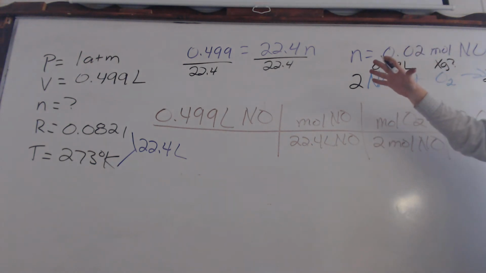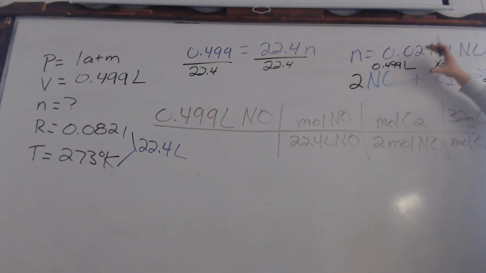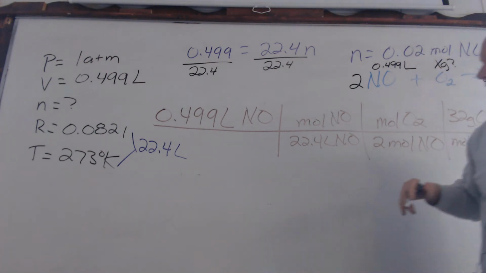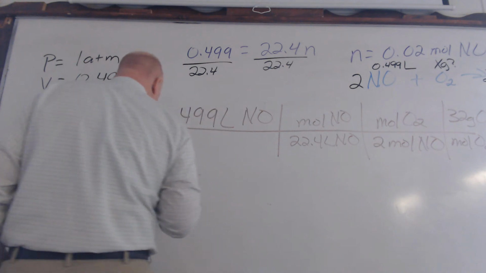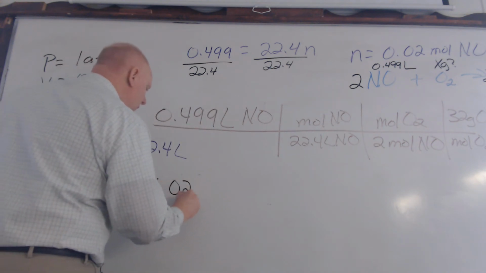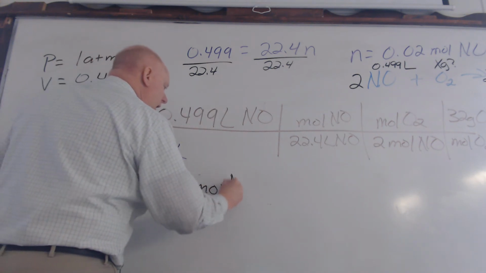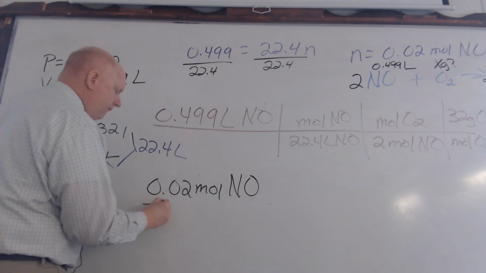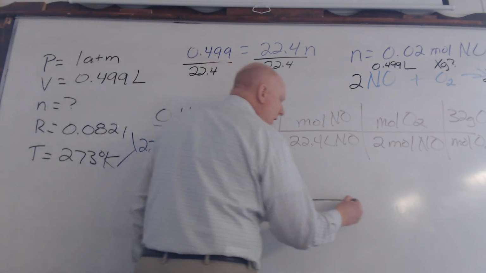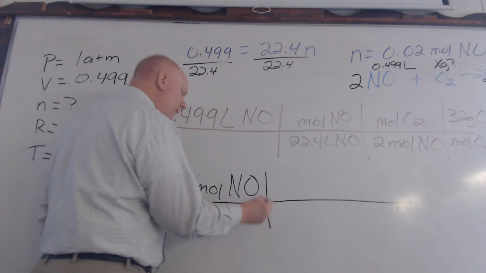Now this is if you're doing the ideal gas law. You take that substance then, okay, now you're in familiar territory with what we did in chapter 9. Because you could take this now, 0.02 moles of NO, and how do we get that to grams of oxygen now?